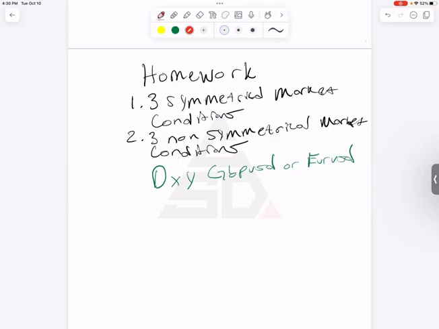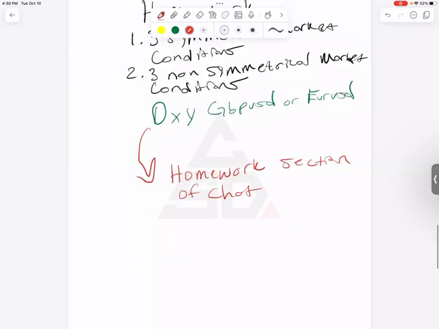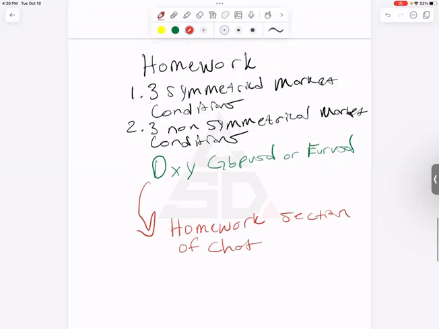And I want you guys to drop your charts inside the homework section of the chat. Yep, it's homework. So find me 3 symmetrical market conditions, 3 non-symmetrical market conditions.